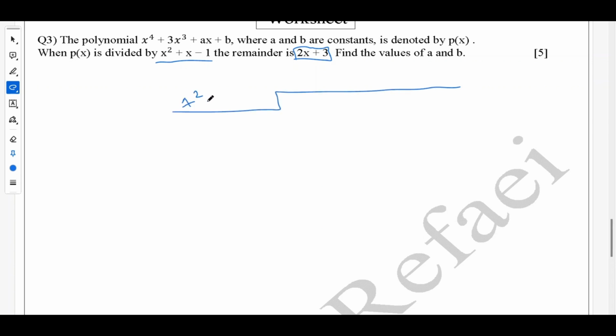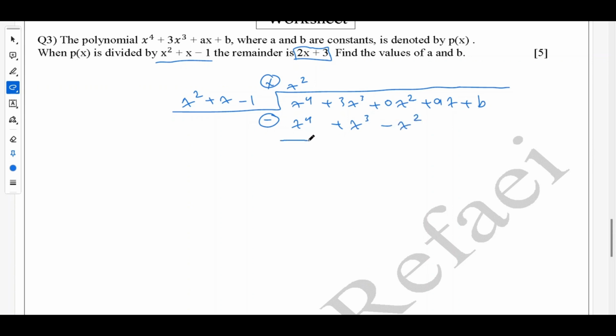x squared plus x minus 1 into x to the power 4 plus 3x cubed plus 0x squared plus ax plus b. x squared, x to the power 4 plus x cubed minus x squared. 2x cubed plus x squared plus ax plus b.